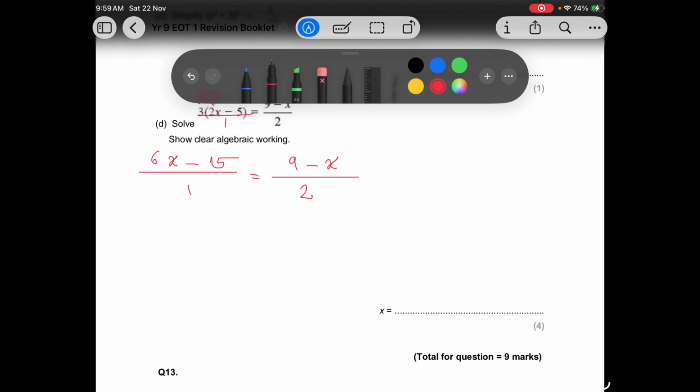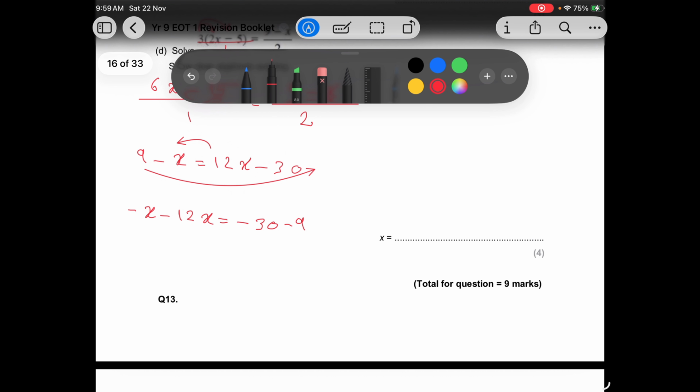Okay, so what I have is 9 minus x equals 12x minus 30. I will move this here and this here, so it will be minus x minus 12x, it's fine, equals minus 30 minus 9, so it will be minus 13x equals minus 39.